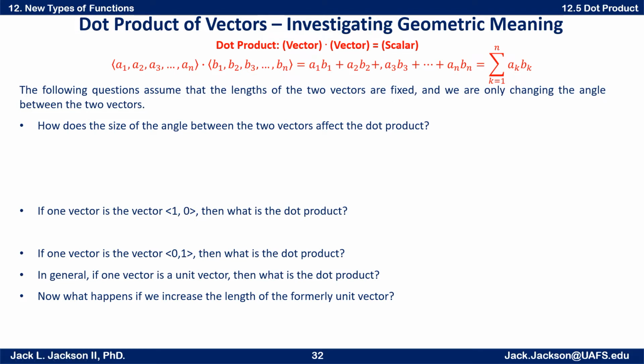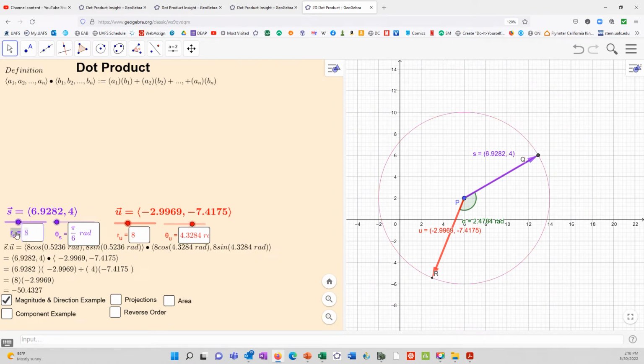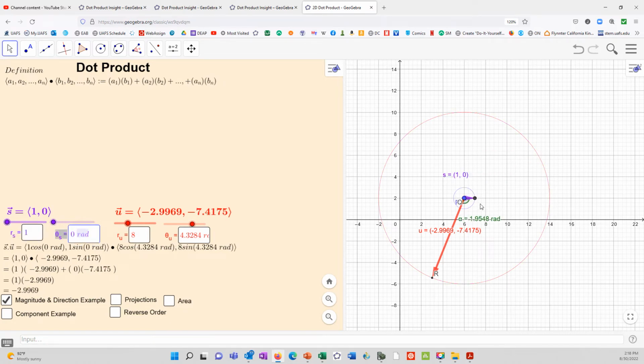So let's go back to here again and make one of these a unit vector. Let's just go right 1 and do this 0. So that's just a unit vector going across here. Now, of course, when I do this, well, let's see what happens. That's just the vector 1, 0. So whatever the x component here is, that's going to be it.